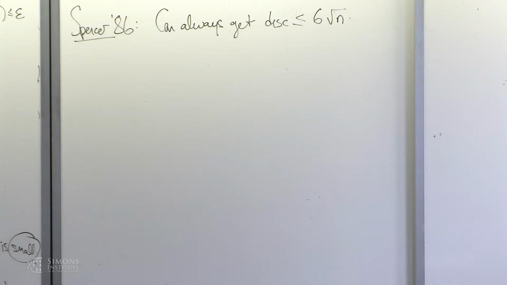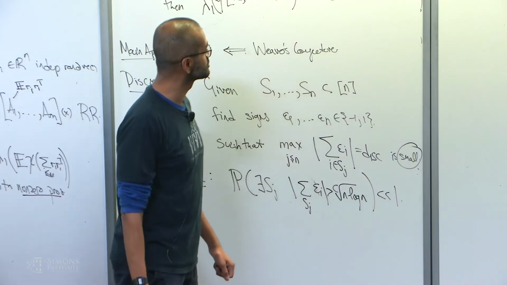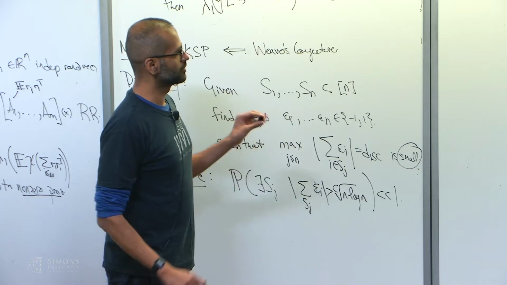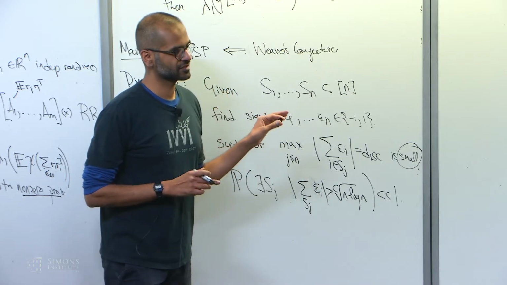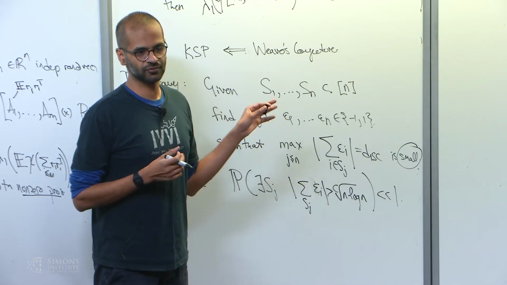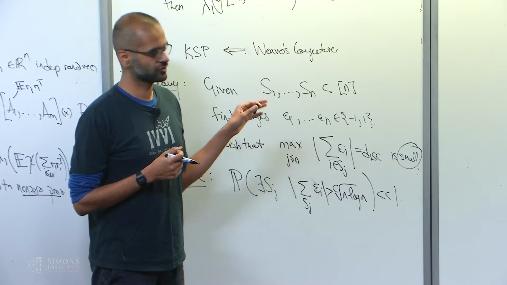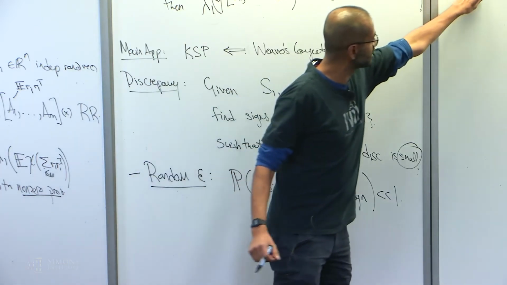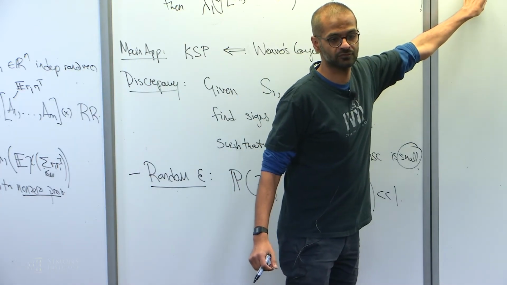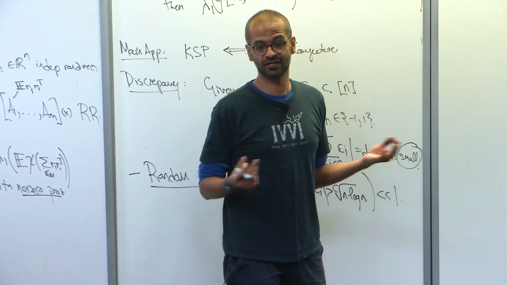So you can beat this randomized argument. For any set system, there exists a coloring which gets discrepancy significantly less than this, 6 root n. I won't tell you how the proof works, but it uses some probability. These good signings are rare, and Spencer's proof shows that nonetheless they exist.